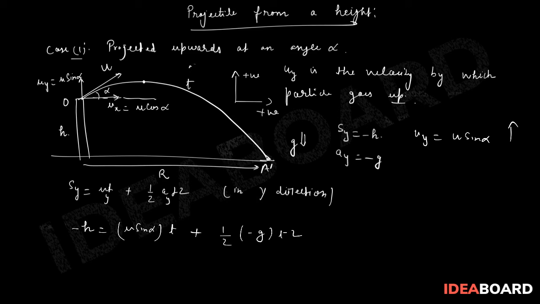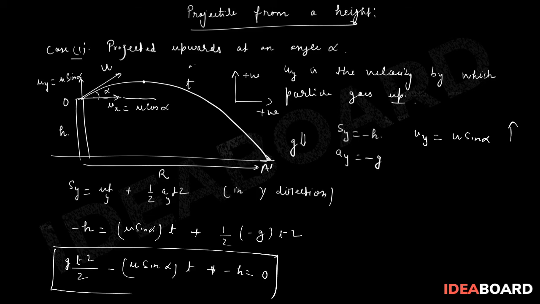So we get the equation here: g t square by 2 minus u sin alpha into t minus h is equal to 0. So we are achieving a quadratic equation here, and then we have to solve the quadratic equation, and only then can we find the answer, right? So time we will be achieving.